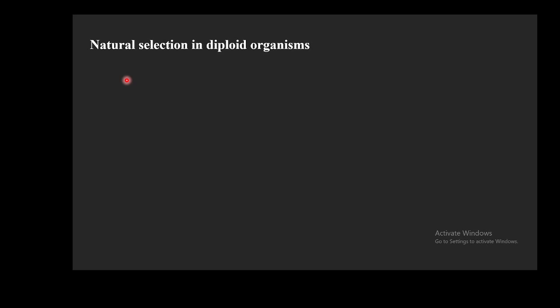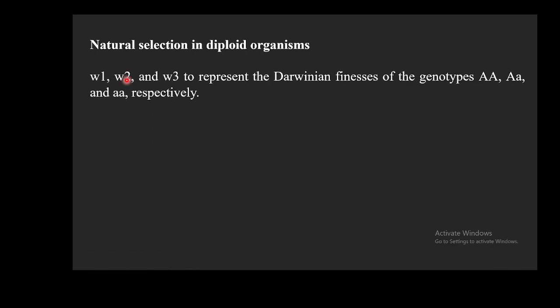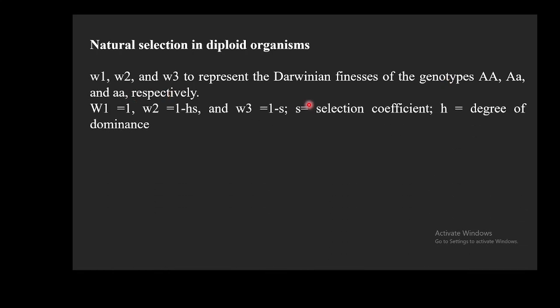Then coming to the diploid organisms, in which one set of chromosomes you are getting from the mother and another set of chromosomes you are getting from the father. So let's see, W1, W2, W3 represent the Darwinian fitness of the genotype. Capital A capital A is for W1, capital A small a for W2, and small a small a for W3.